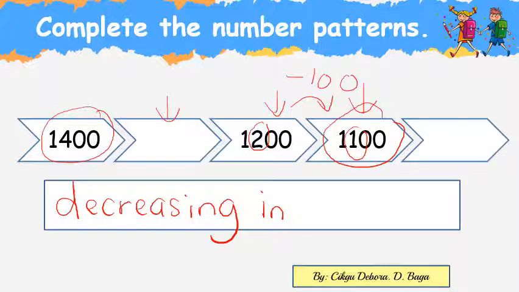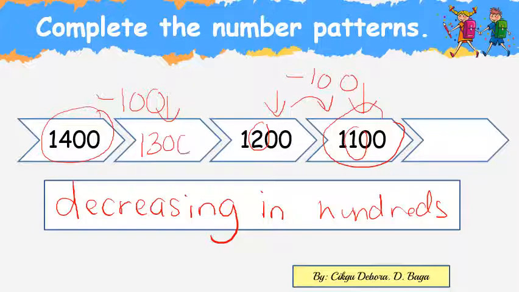So the number pattern here is decreasing in hundreds. That means the number in the second box, the first number you need to minus 100. So the number in the second box will be 1300. And for the number in the last box also you need to minus 100. So 1100 minus 100 will be 1000.